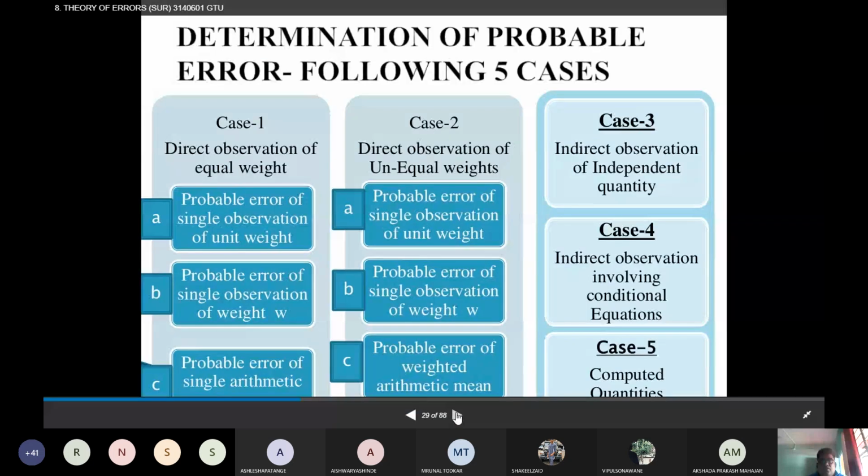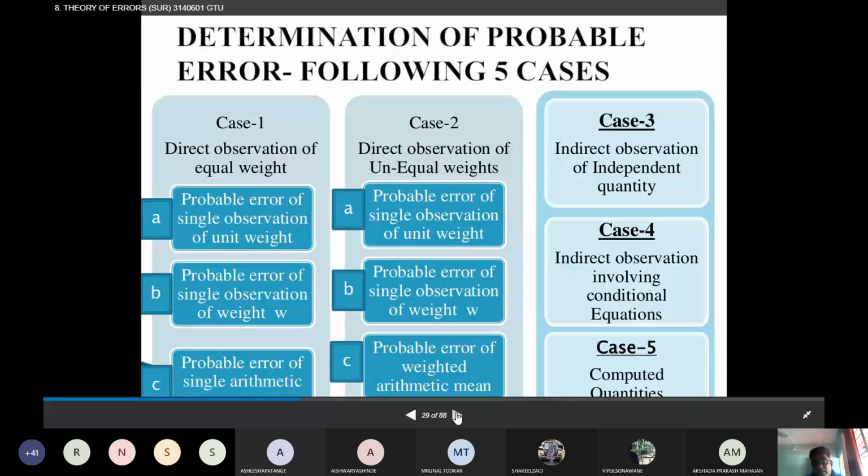So, determination of the probable errors. There are 5 cases: case 1, case 2, case 3, case 4, and case 5. How to find out the probable errors? Case 1 is with the help of direct observation of equal weight. Case 2 is direct observation of unequal weight.